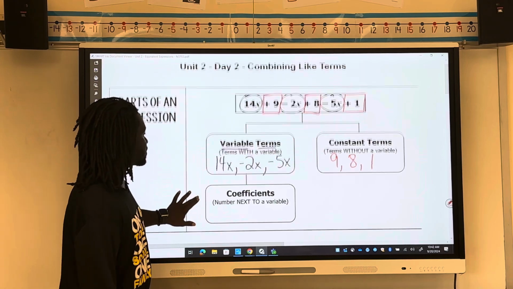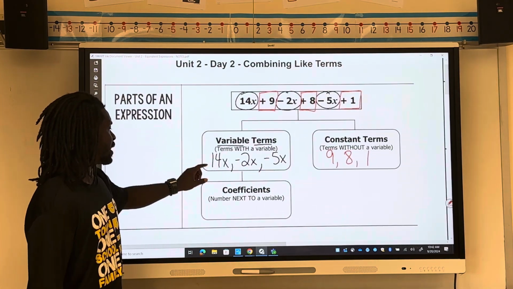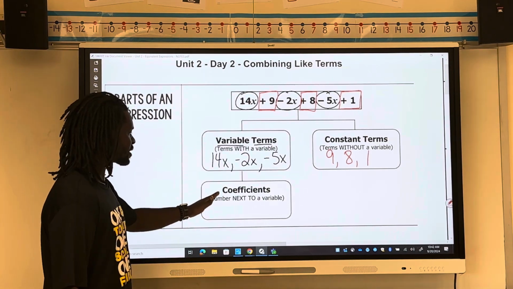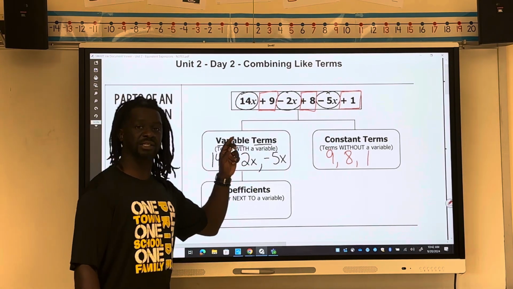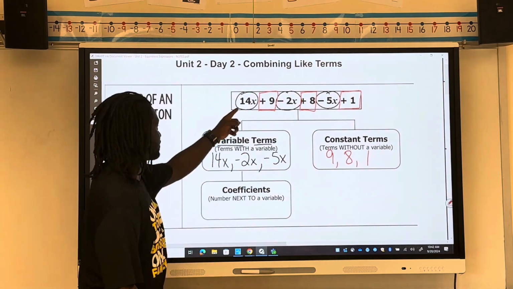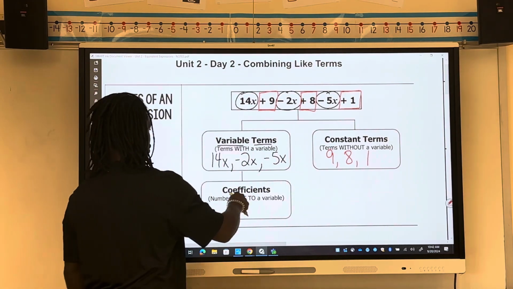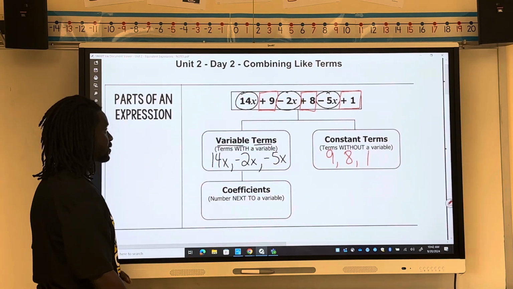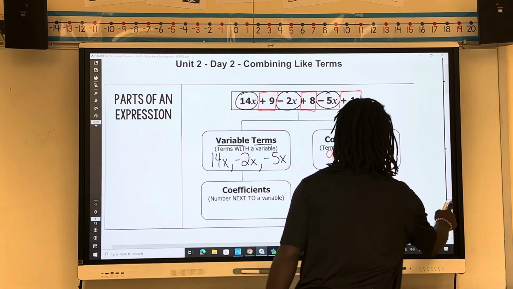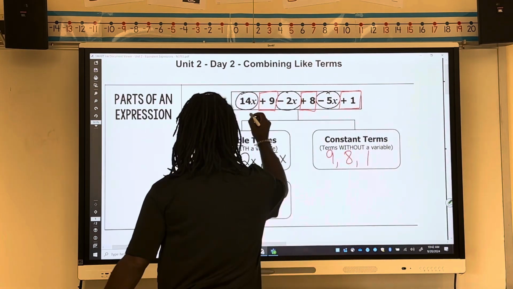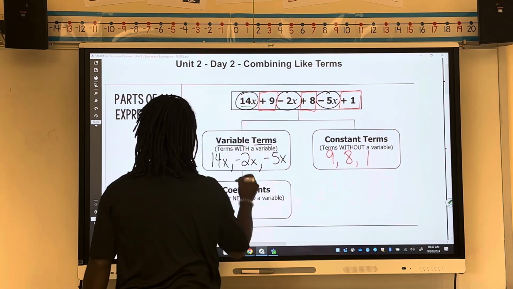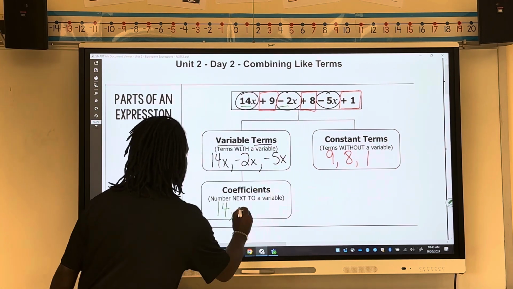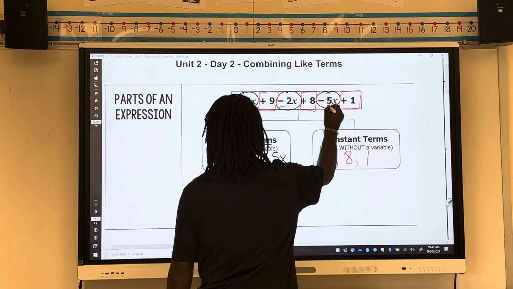Now, another important term that you need to know is coefficient. The coefficient is the number that is next to or in front of the letter. Coefficients are only connected to variable terms. Our coefficients, which I'm going to underline, are 14, the number in front of the letter, negative 2, and negative 5.